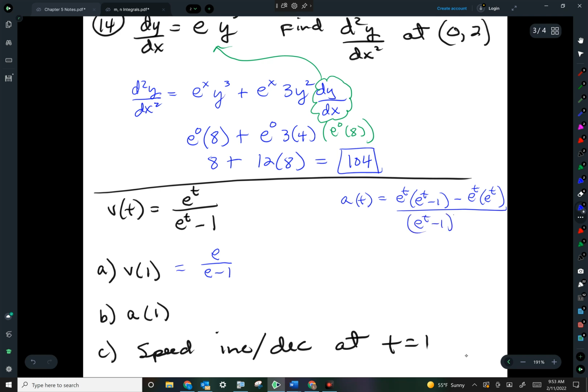Now, you're multiplying these things, right? So, here, let me finish plugging in. Wait, wait, wait. No, that thing got distributed wrong.